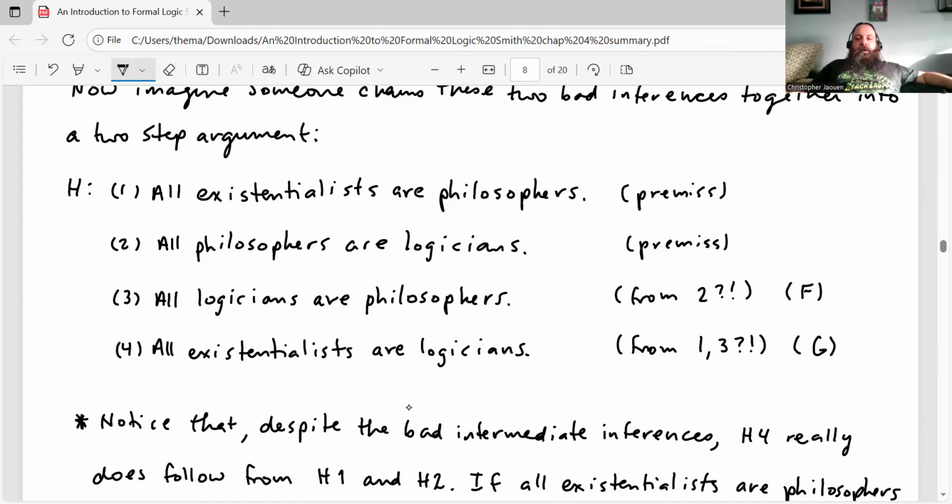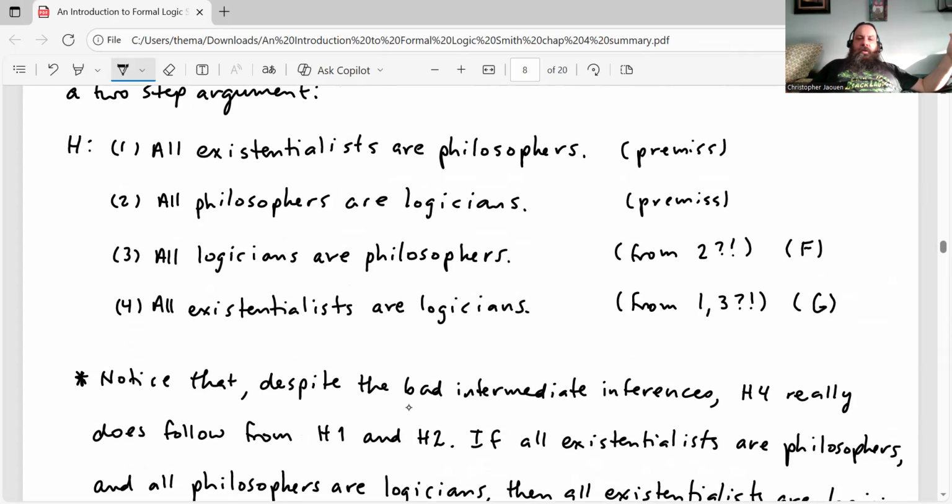Again, the inference here that's being labeled is similar to the inference pattern G, if you consider premise one and proposition three. Again, this really doesn't follow, because G is not a valid inference step. But notice that this argument actually is valid, just not with the intermediate inference steps that are labeled here.